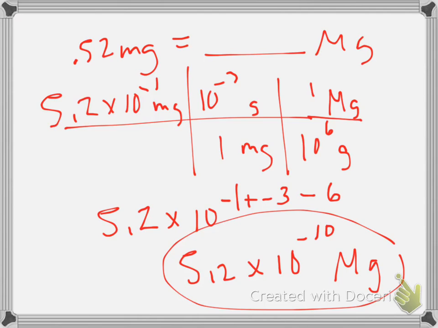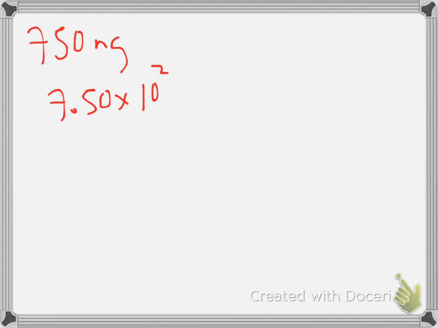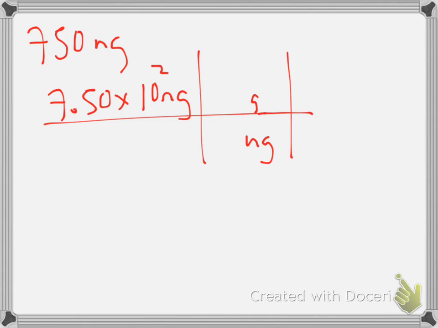Okay, the last two. Okay, so 750 nanograms. We're going to convert that into scientific notation, so we get 7.50 times 10 to the second nanograms, nanograms, grams, and we're heading into milligrams. So grams, milligrams. 10 to the negative 9th.